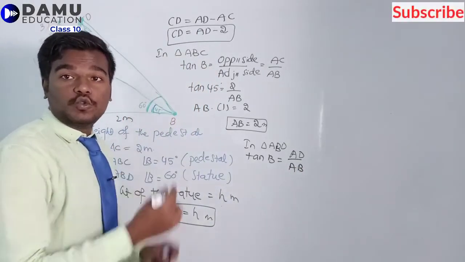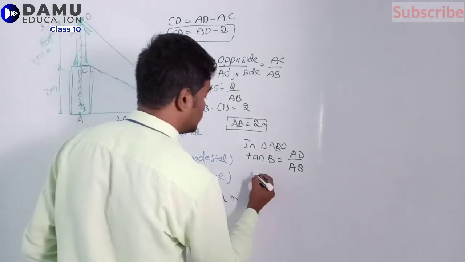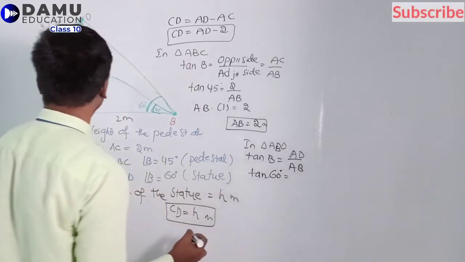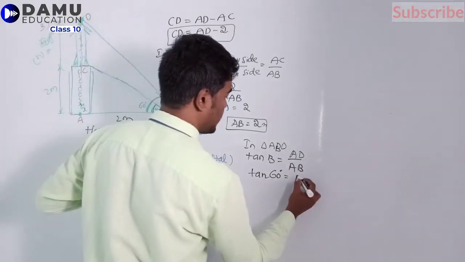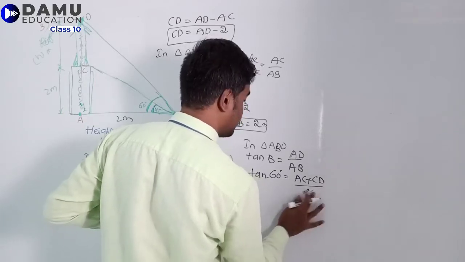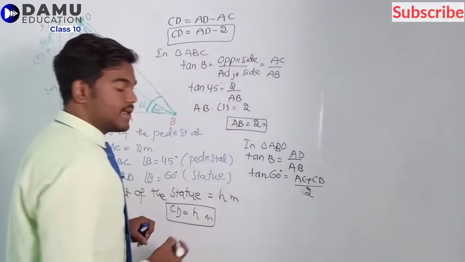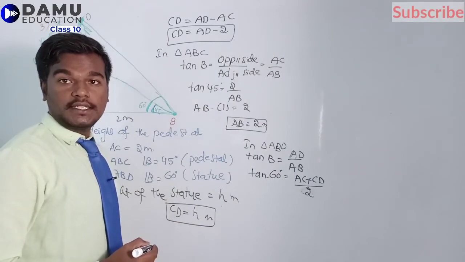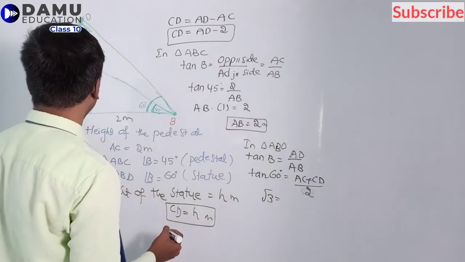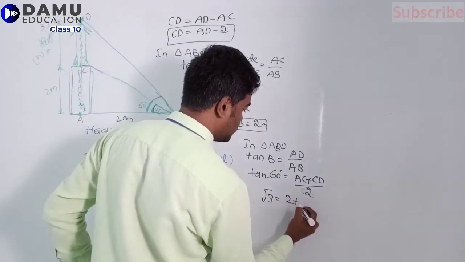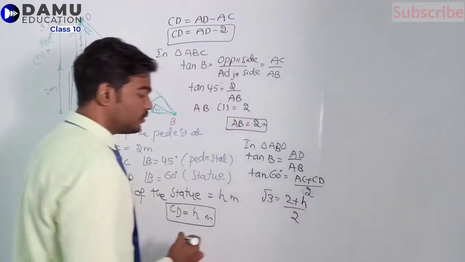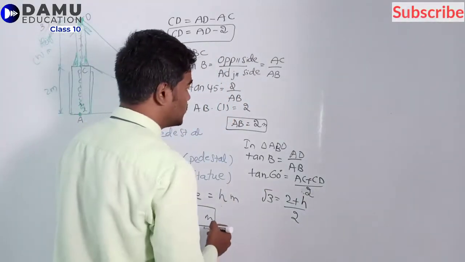AD is the sum of two things, AD is equal to AC plus CD, whole divided by AB. AB we know is 2. Tan B means tan 60 degrees. Tan 45 is 1, tan 60 degrees is root 3. So root 3 will be equal to AC plus CD by AB, that is 2 plus h by 2. So this is the case here.